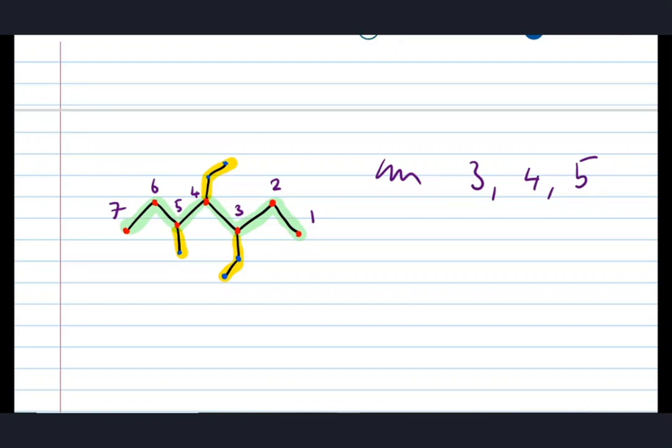And I'm going to start from the opposite end now using green pen. 1, 2, 3, 4, 5, 6, 7. And using green pen, our side branches would be 3, 4, or 5.